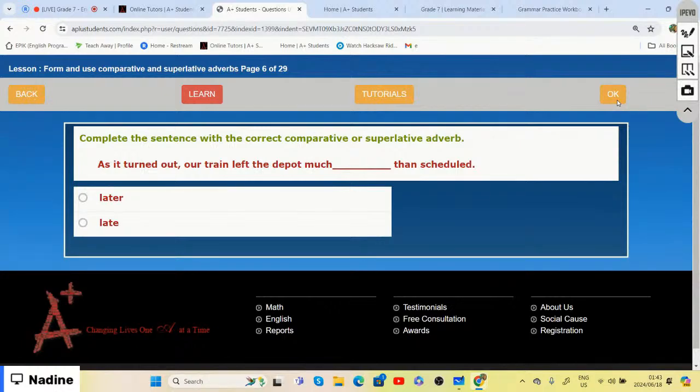As it turned out, our train left the depot much, do we say much later than scheduled or much late than scheduled? So much later than scheduled or much late than scheduled?